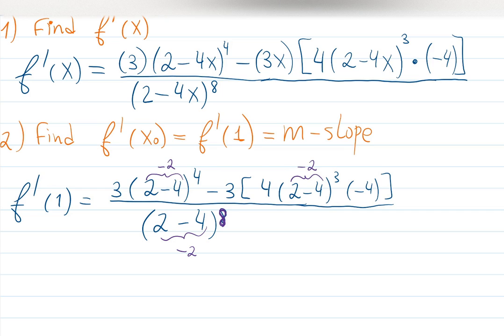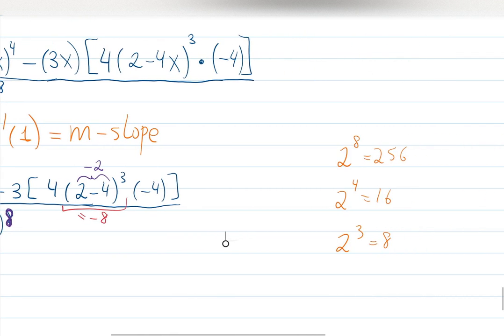Let's write it down. This piece over here is negative 8. Negative 2 to the 4 is 16. And then negative 2 to the 8.